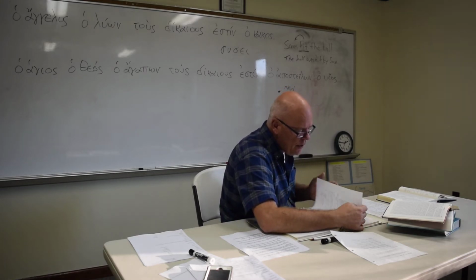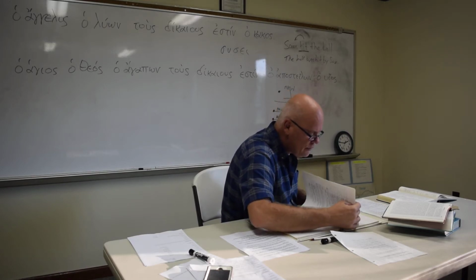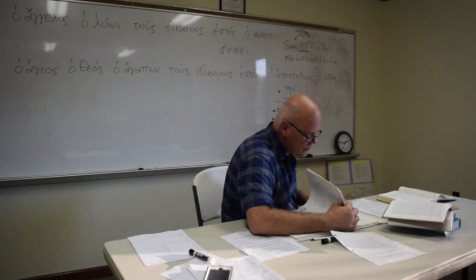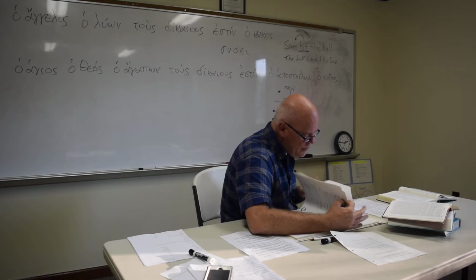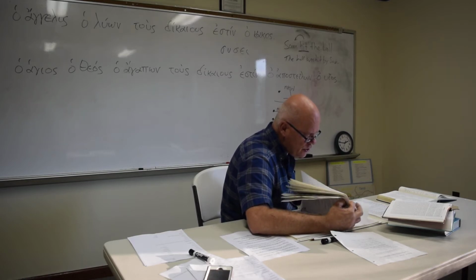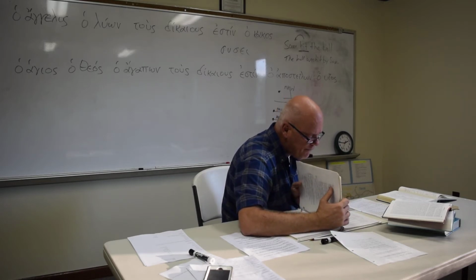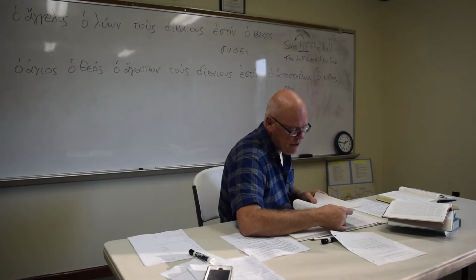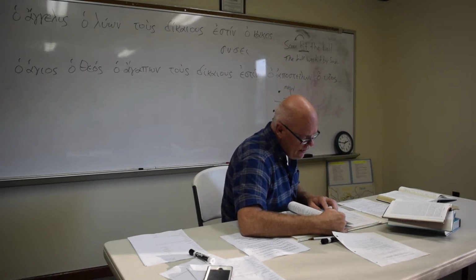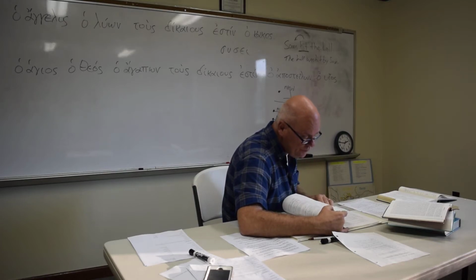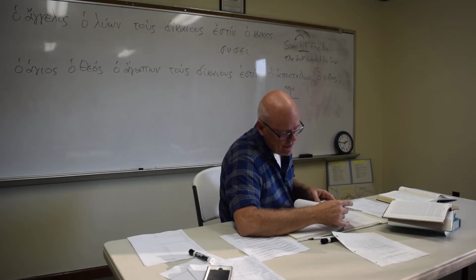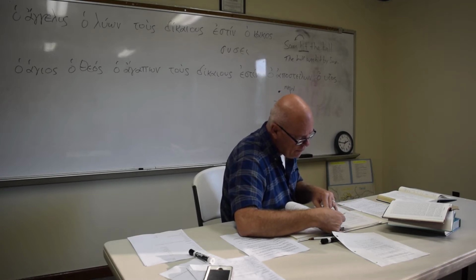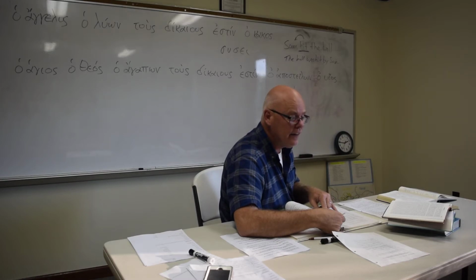Okay, because remember, I'm going to go to a noun chart. I need to go to the second declension. If you go to page 42, the dative plural, you find your dative plural there? The dative plural is ois, right? You see it there, ois.